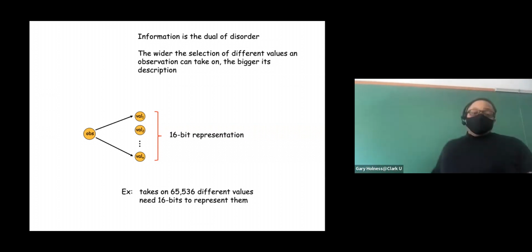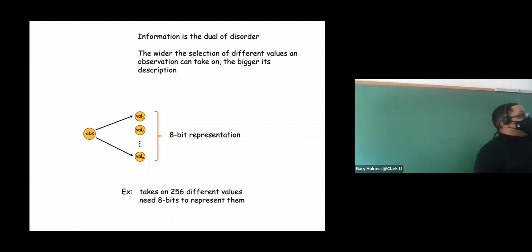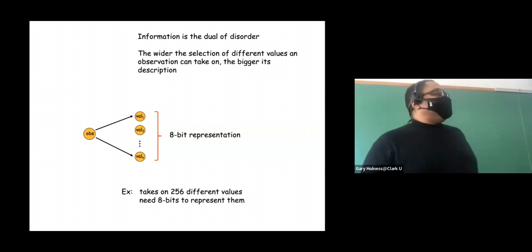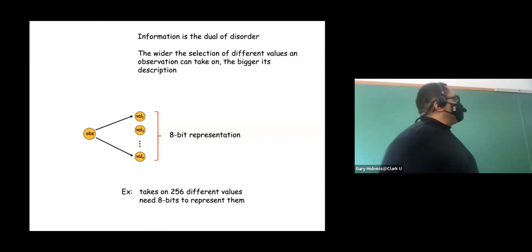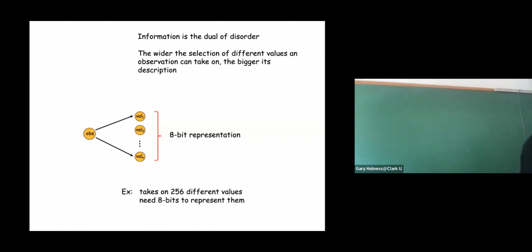So let's say you have a different system, and in this different system, you make an observation, but this system traffics in only 256 different values this observation can take on. So to count 256 values, you label the first one 0, then 1, then 2, and you'll need 8 bits in order to represent the observations possible or the size of the sample space omega for this particular system.